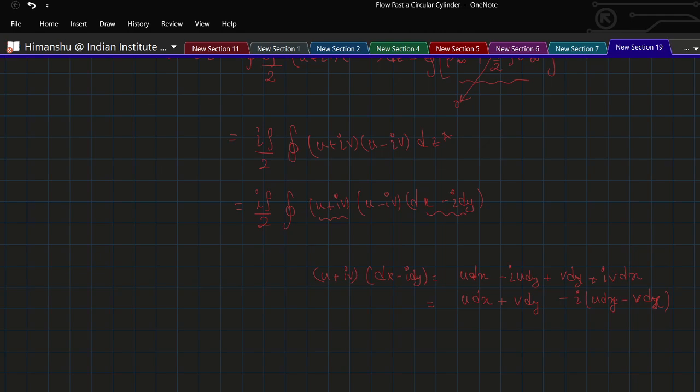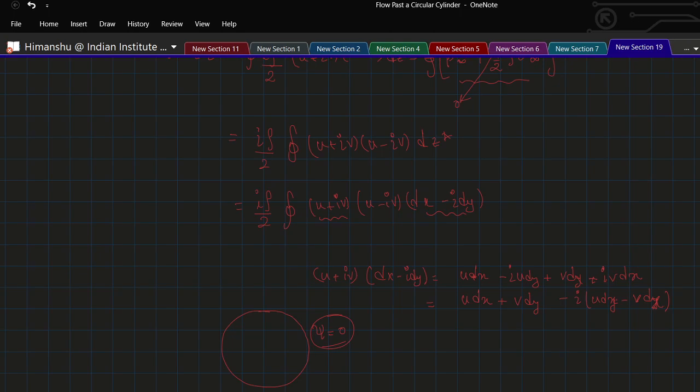As we have proved in the earlier lecture, the contour of the body is itself a streamline with the value of the stream function equal to 0.